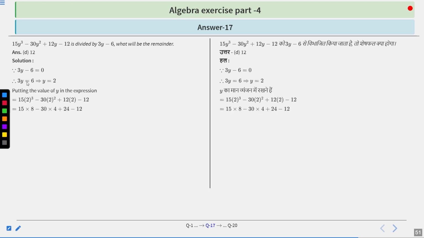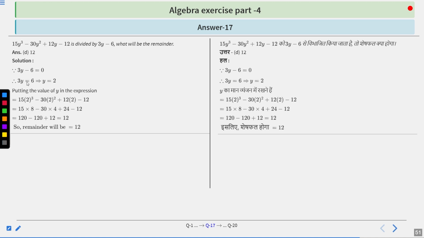So 15 into 2 cubed is 8, minus 30 into 2 squared is 4, plus 12 into 2 is 24, minus 12. 15 into 8 is 120, minus 30 into 4 is minus 120, plus 24 minus 12 is 12. So 120 minus 120 is 0. Then we get only 12. So the remainder will be 12. Option number D, 12, is the correct answer.